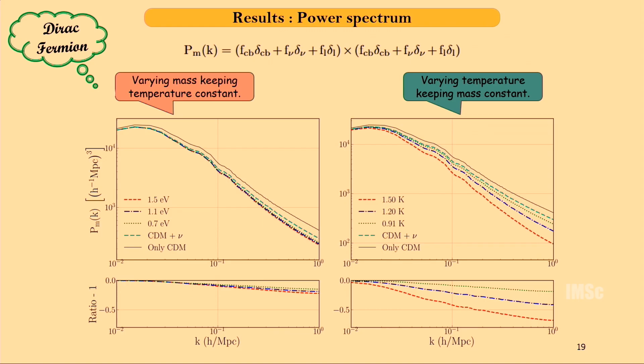First, we keep the temperature of the LiMR particle fixed and vary the mass of the LiMR particle. In the other case, we keep the mass of the LiMR particle fixed and vary the temperature. One can see that suppression is more when you increase the mass of the LiMR particle, which is expected, and here you can see that as you increase the temperature of the LiMR particle, the suppression is more. So this is for the power spectrum.